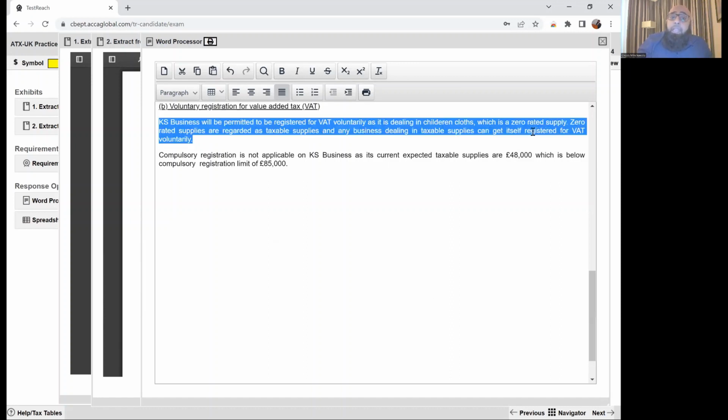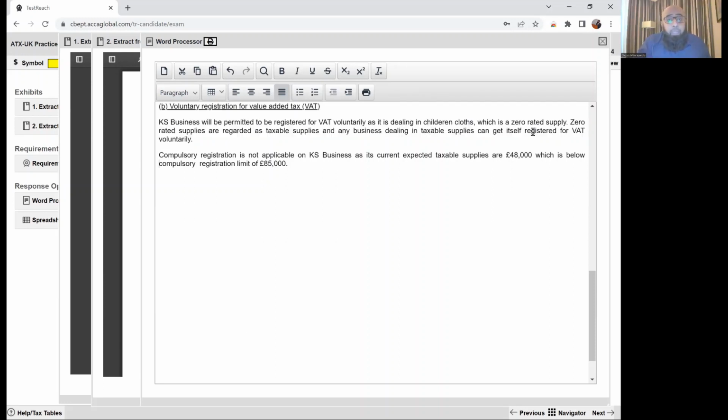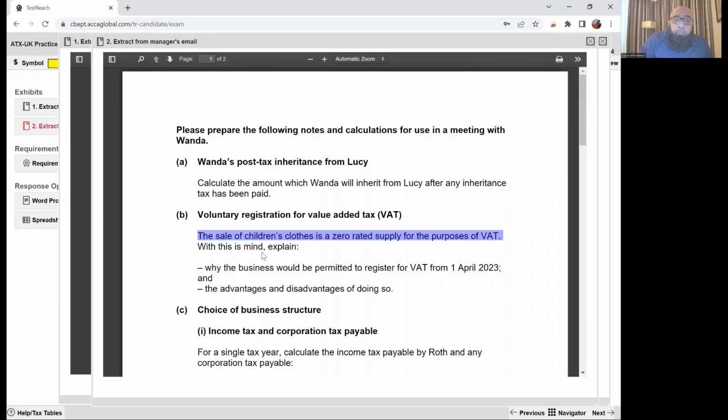Okay, but they can get registered voluntarily. Why they can get registered voluntarily? Because they are dealing in taxable supplies. Now, so the first question here was why the business would be permitted. The business would be permitted to register for VAT because it is dealing in taxable supplies.